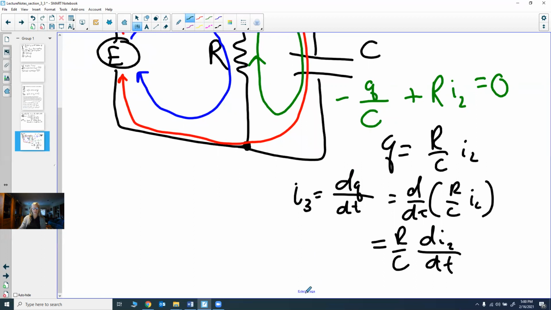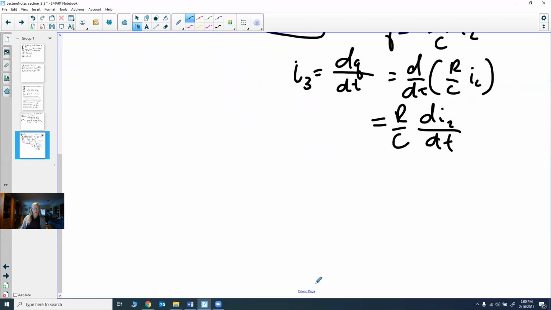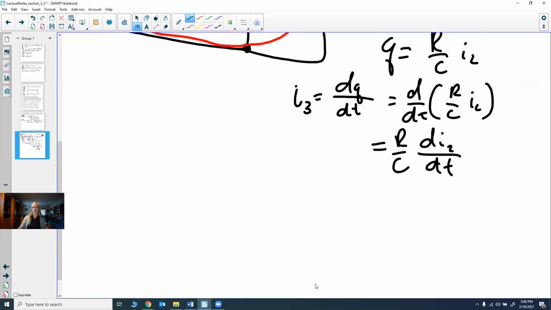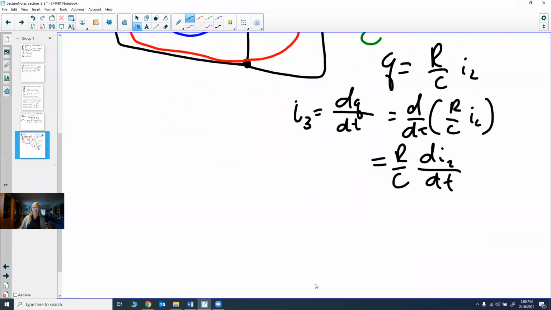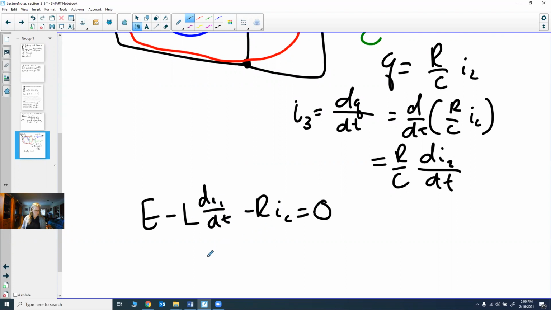All right. So now let's see what we have. We had this equation, E minus L di1 dt minus R i2 equals 0. There's one equation we have. We now have this other equation that we can work with.